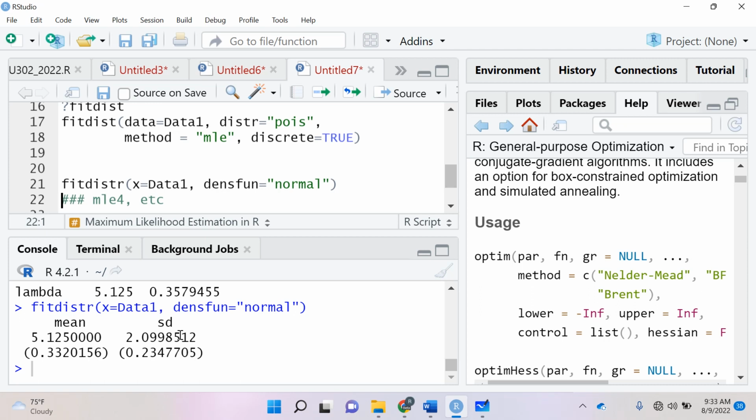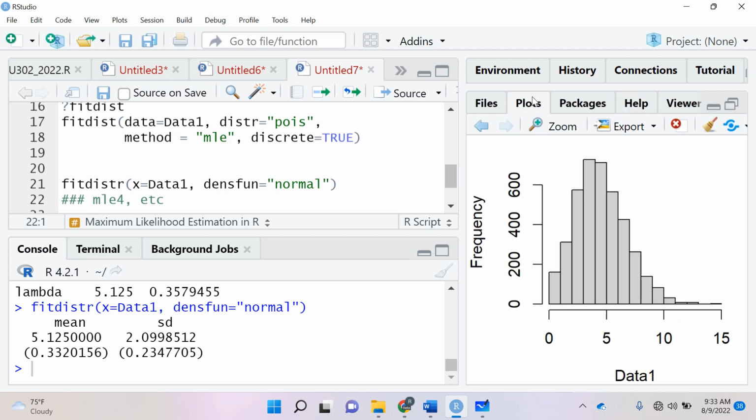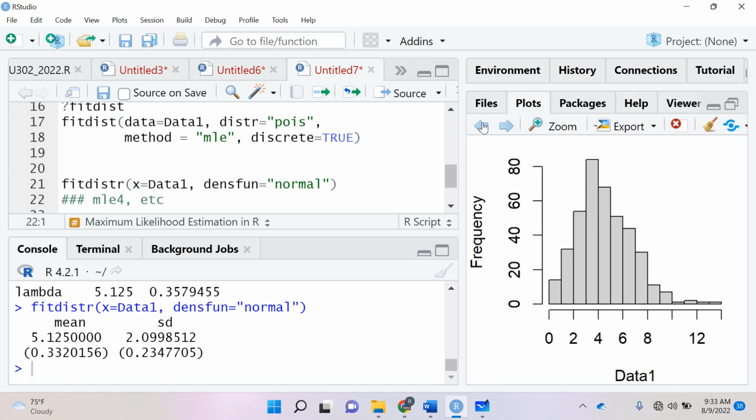Essentially, if I want to, I can superimpose the density function on my plot. Let me check the sample size now.